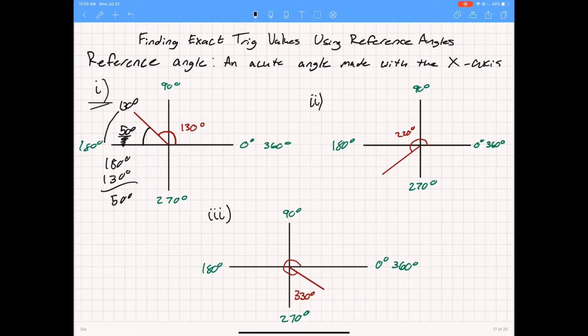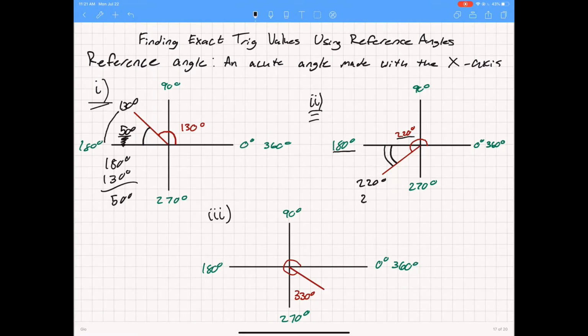Now in this second example, we have 220 degrees. Again, we want the acute angle made with the x-axis. This is an acute angle and it's made with the x-axis, and again we just have to find the measure of that angle. If this is 220 degrees and that's 180 right here, then we take the difference between the two angles to find our reference angle.